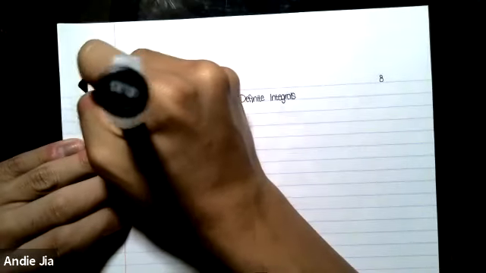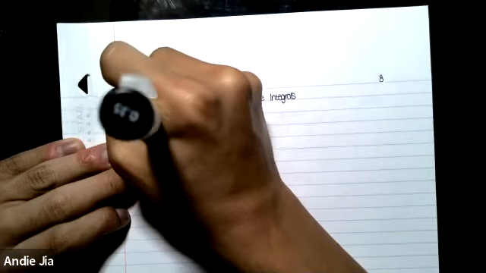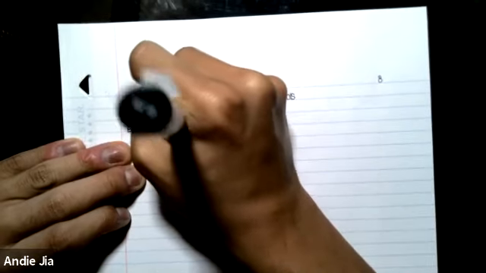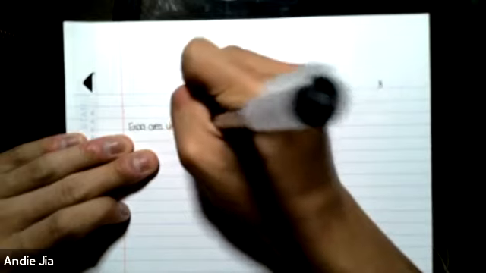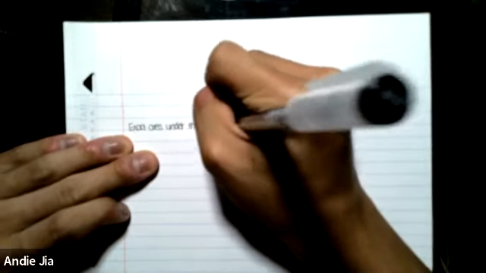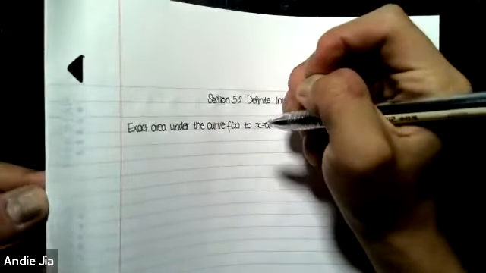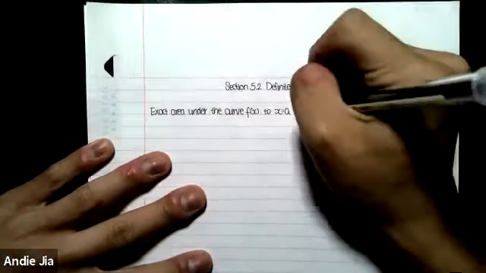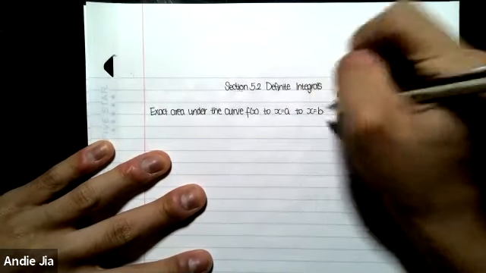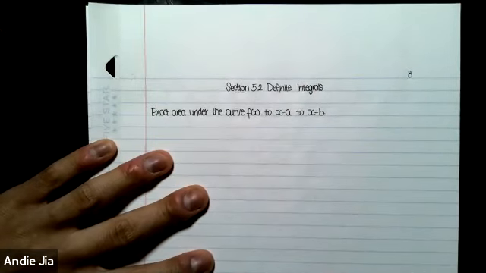So if you want to know the exact area under the curve f of x, perhaps a curve defined by f of x, from x equal to a to x equal to b, then how do we find the exact area?